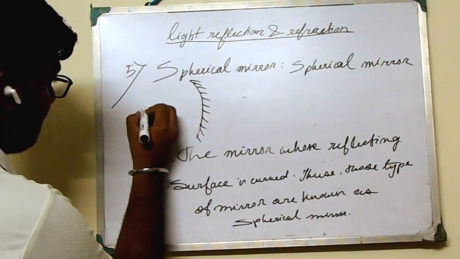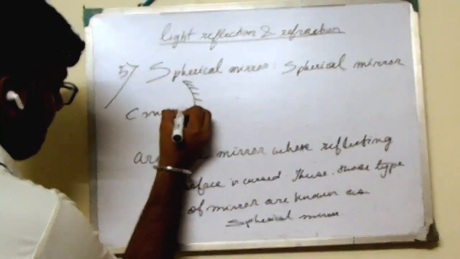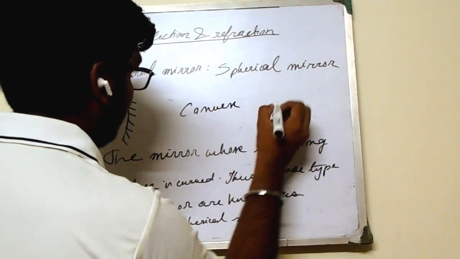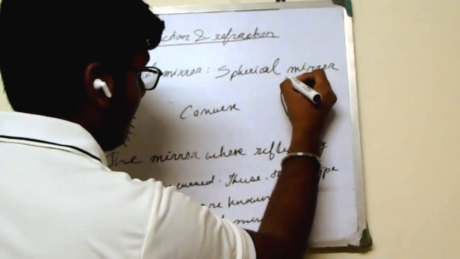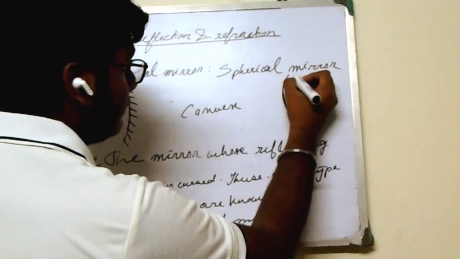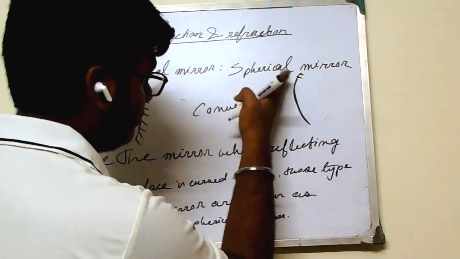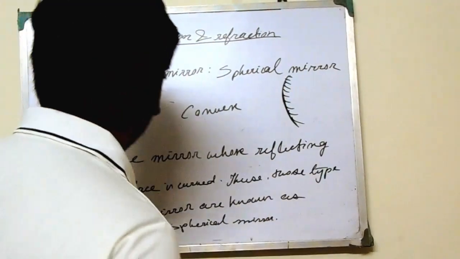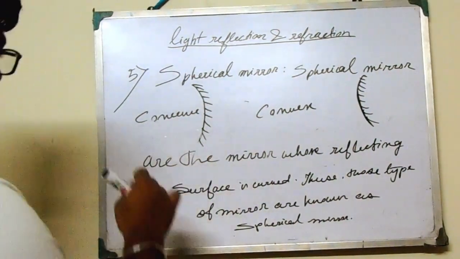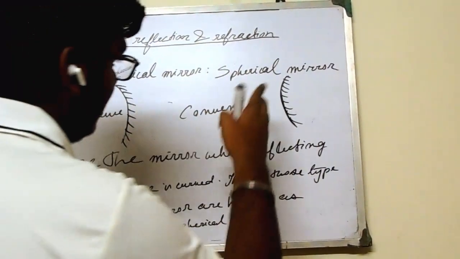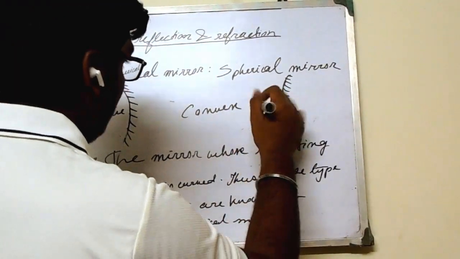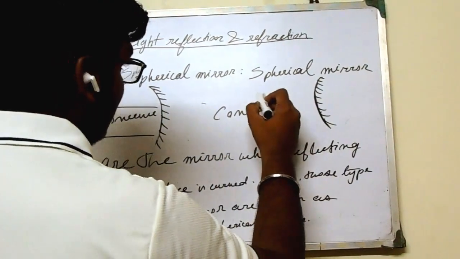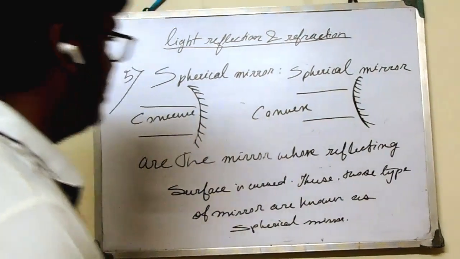Now convex. The reflecting surface is this one, the part which is covered is this one. So the light rays are falling on this side, and in the case of the convex mirror, the light rays are falling this way.